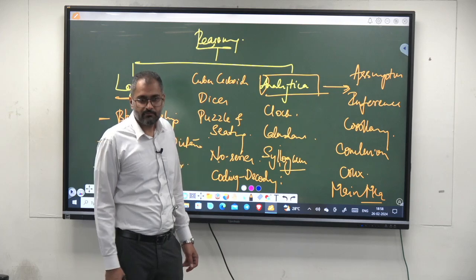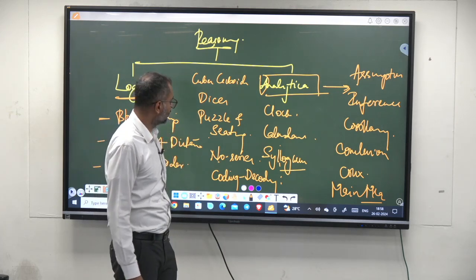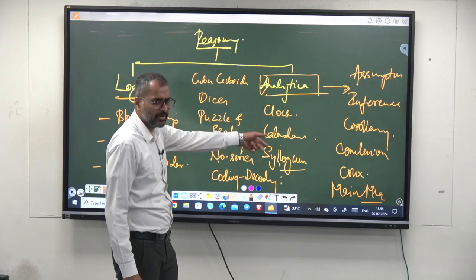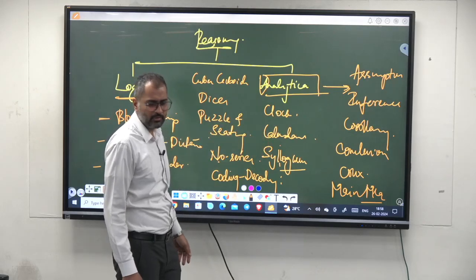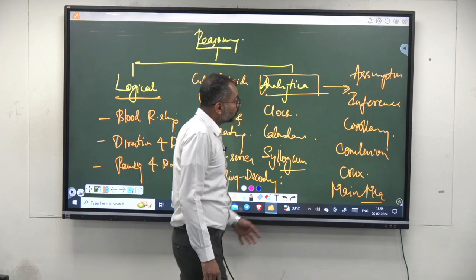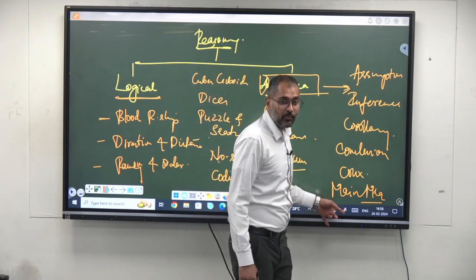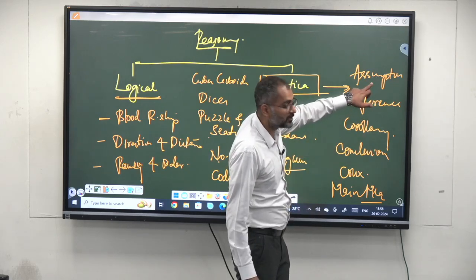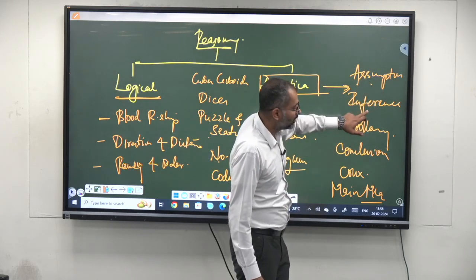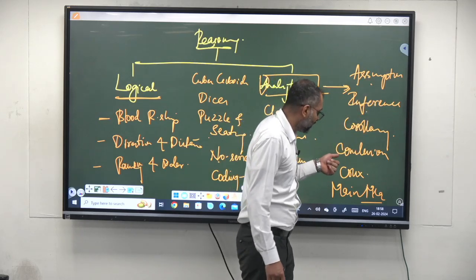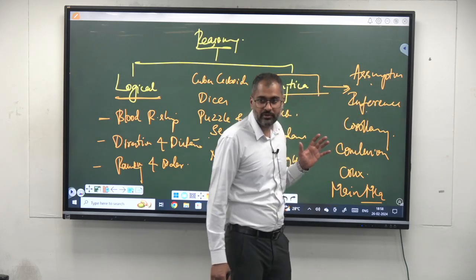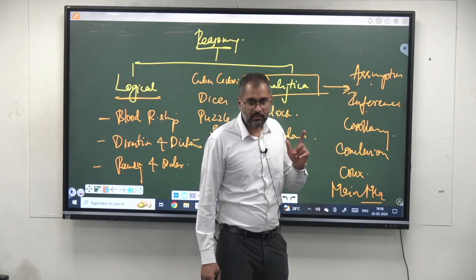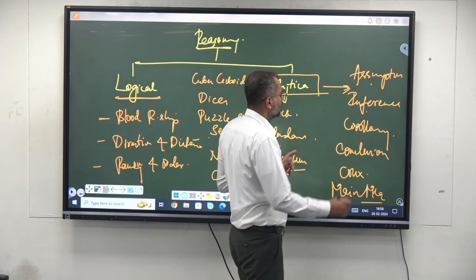Don't worry if I miss the naming of a topic, complete the topic. Using this only, UPSC is framing the questions in RC also. In RC also the majority of the questions will be inference, conclusion, crux and main message of the story.